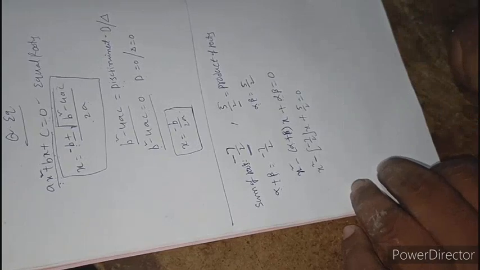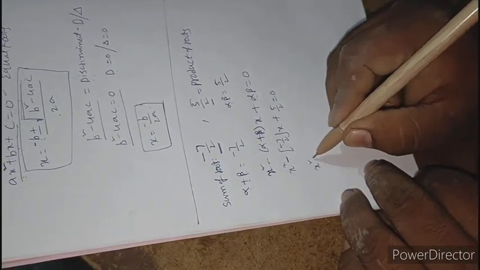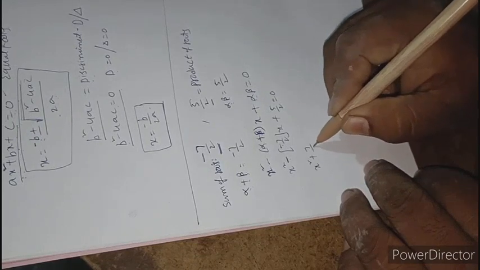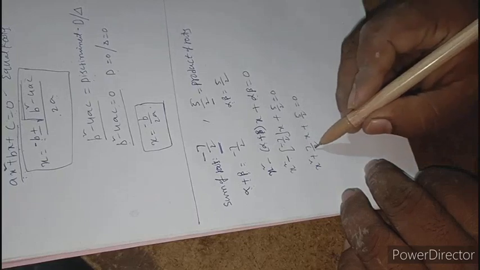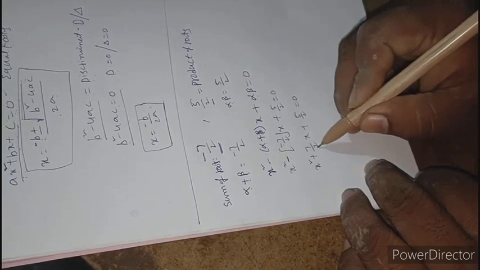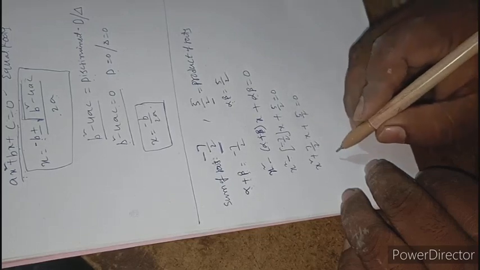Equals 0. Minus into minus stands for plus. x square plus 7 by 2 x plus 5 by 2 equals 0. Taking the LCM of the denominators of 7 by 2 and 5 by 2, the LCM is 2.